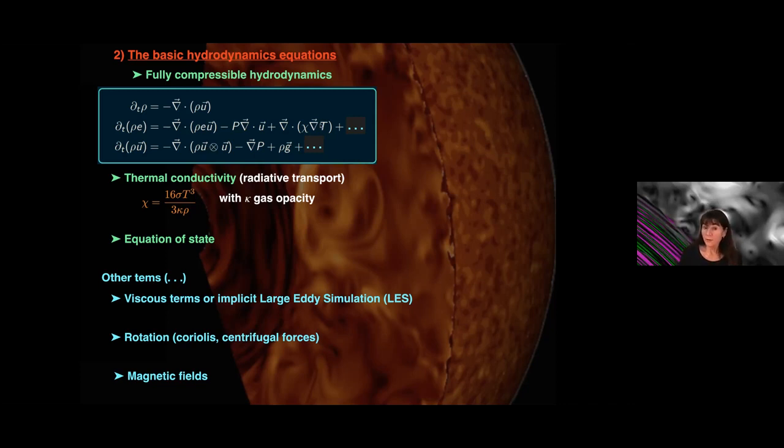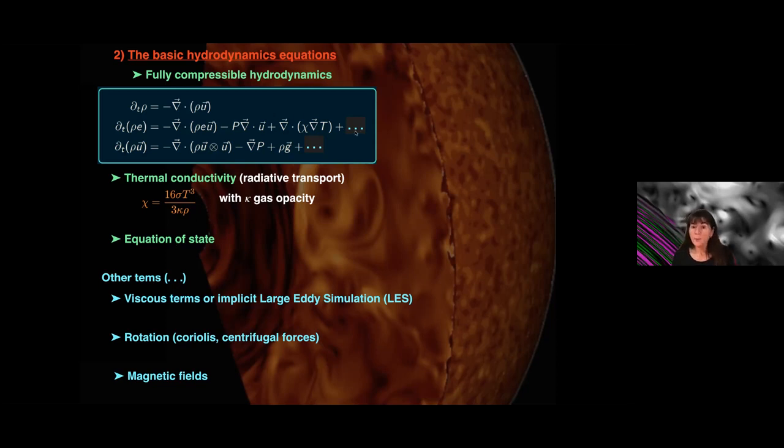Then for stellar interiors, you need also to be able to describe the thermal transport, which usually is radiative transport, and therefore you can do it under the diffusion approximation. For stellar interiors, this is fine, and you need to have the gas opacity for that. And of course, you need an equation of state characteristic of stellar interiors.